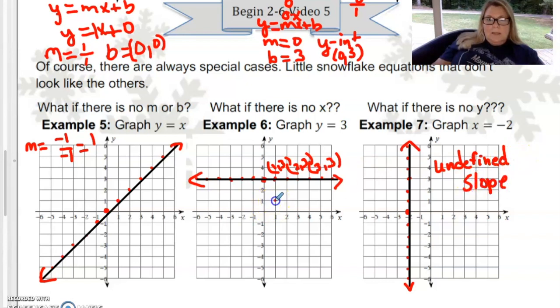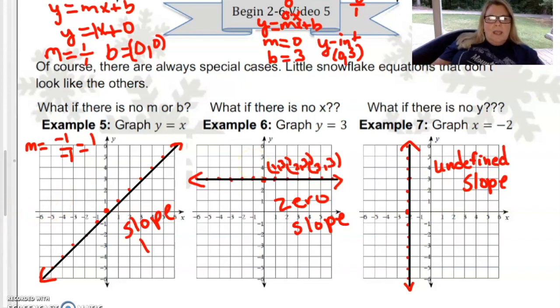And this one has a 0 slope. This one has a slope of 1. Okay. So those are 3 special ones. They're really easy to get mixed up and get confused on.